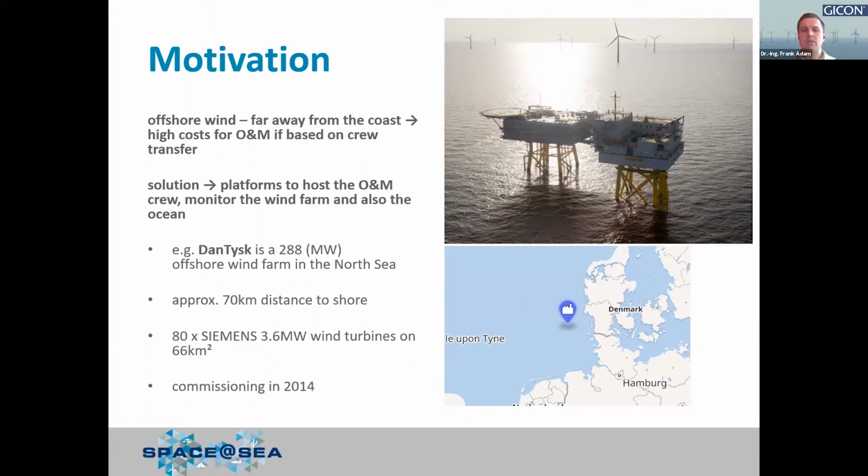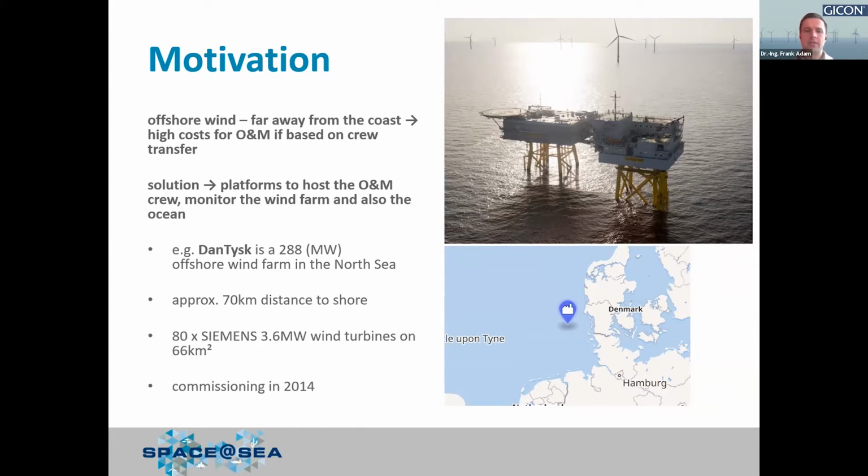And when you're going far away from the coastline, there is an issue with regard to the operation and maintenance costs, especially to transfer the crews, the operation maintenance crews, from shore to the offshore location, to the offshore wind park.